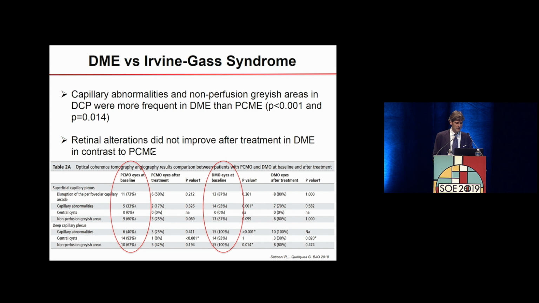And also, after treatment, and we did the same treatment, an anti-inflammatory treatment in both groups, we found an improvement in the post-surgical group that was not detected in DME.